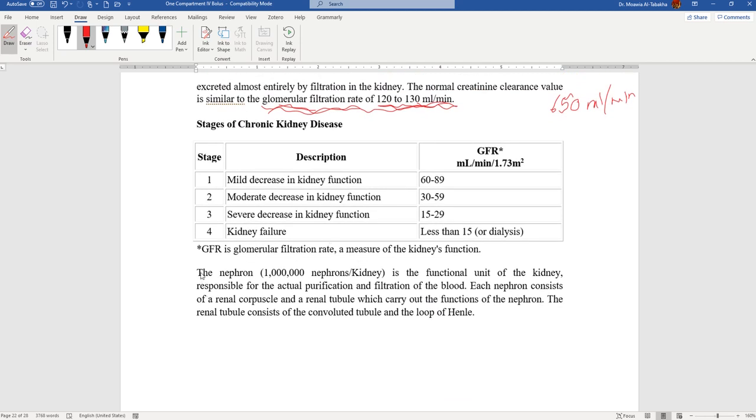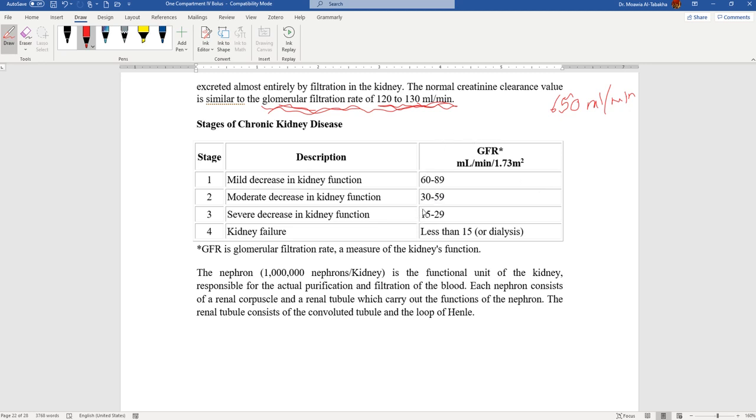Okay. If I measure creatinine clearance and I estimate the GFR to be from 60 to 89, of course this is less than 120 to 130. In this case, I can describe the kidney as having a mild decrease in kidney function, mild, light.